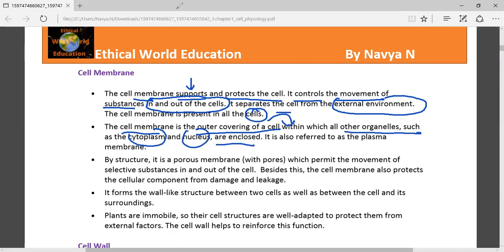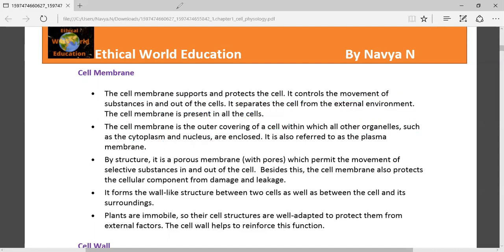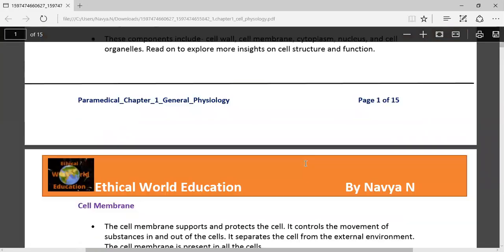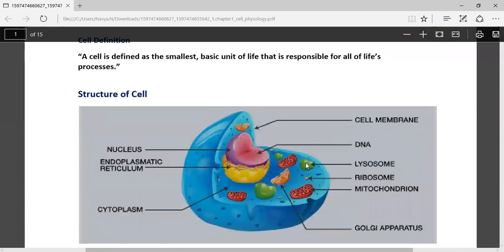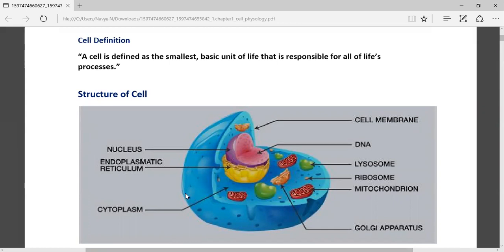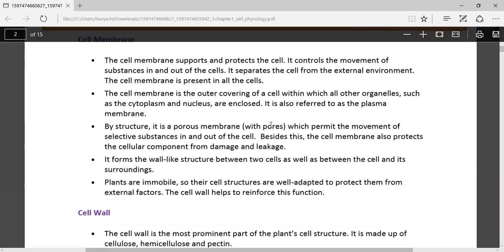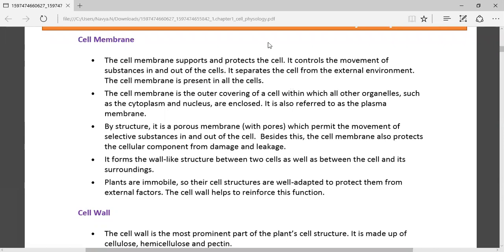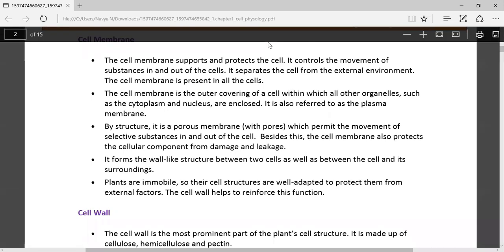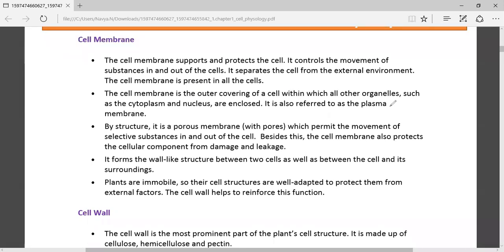As you see in the picture, this cell membrane is the outer covering which encloses the cytoplasm and nucleus. This is also referred to as the plasma membrane. Remember that the cell membrane is also referred to as the plasma membrane.